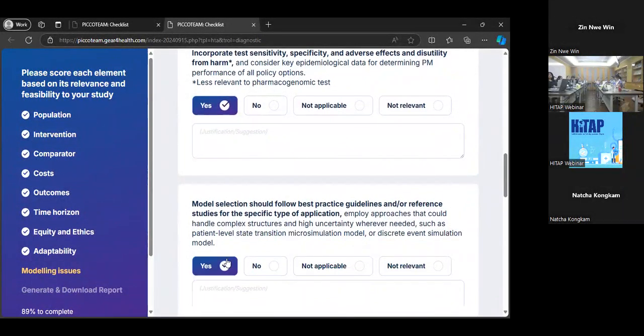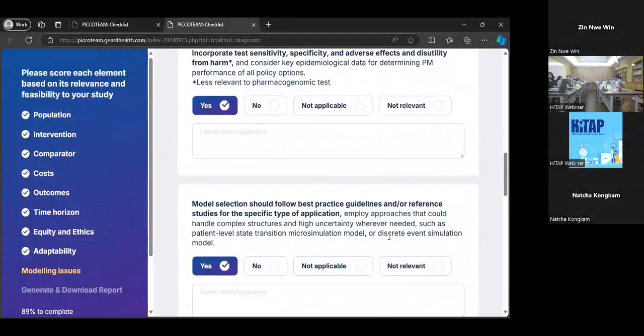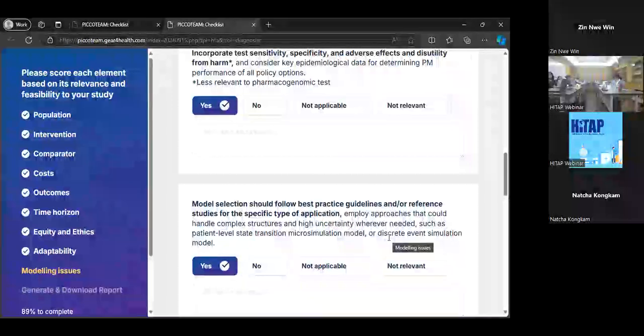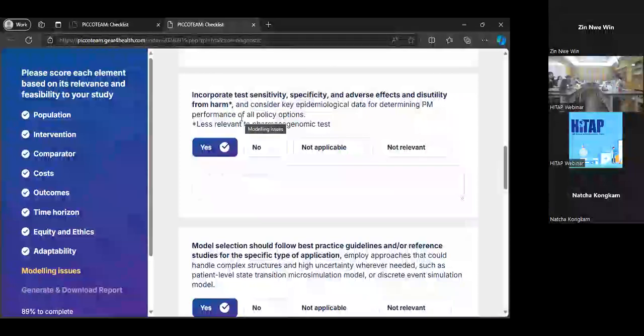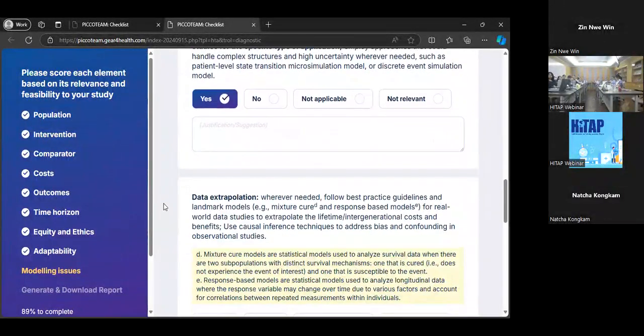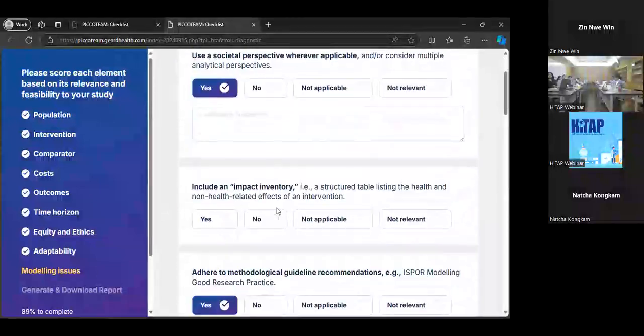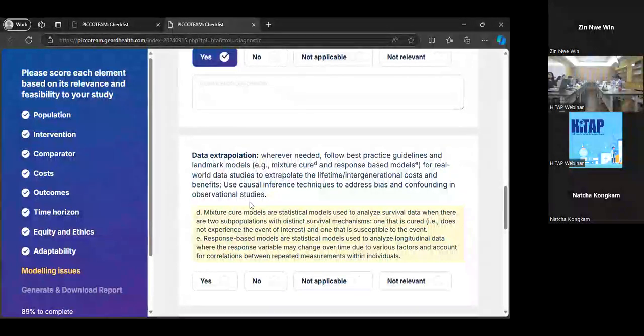So the take-home message for the modeling part: first, follow the best practice guideline and reference model to build the model itself, and integrate the interventional and comparator pathways and the decision nodes that can be used to parameterize decision uncertainty, or say structural uncertainty, in the clinical decision space. And many of the recommendations are already reflected in the previous domains.